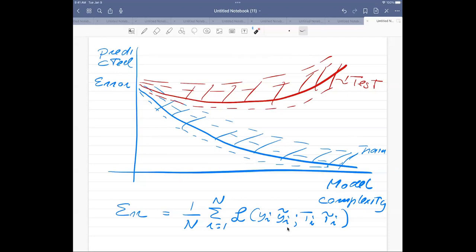In the upper corner here, you may see a case with low bias and high variance, and here we'll see something like a case with high bias and low variance.